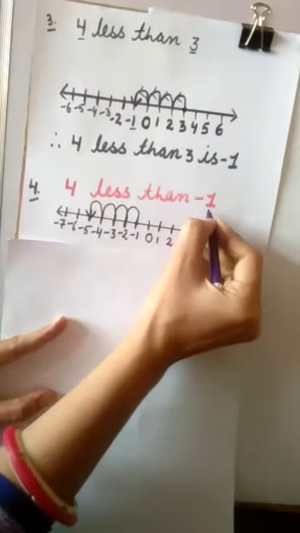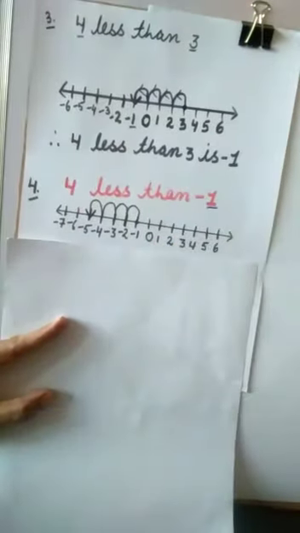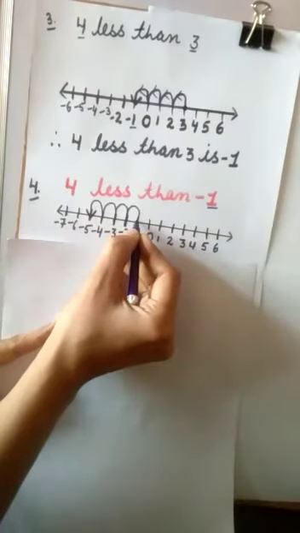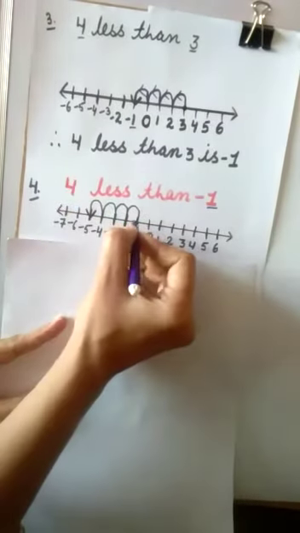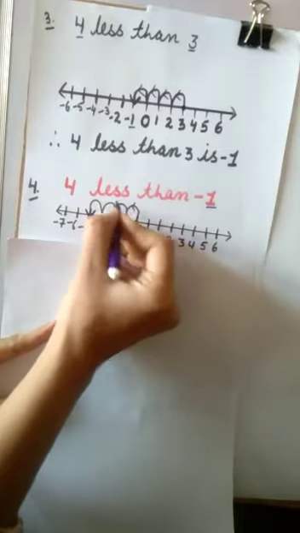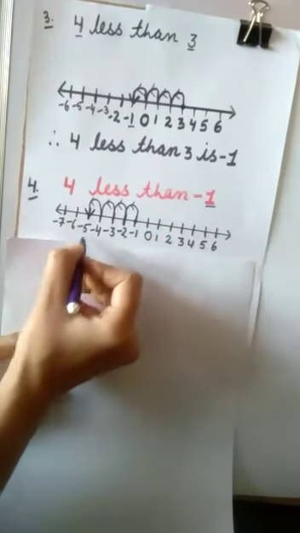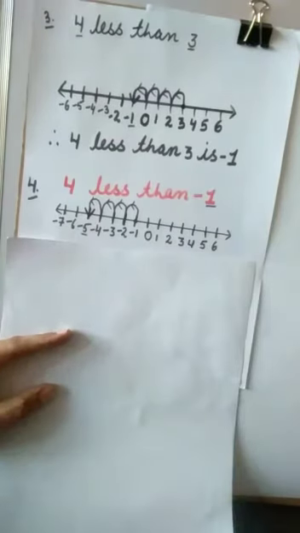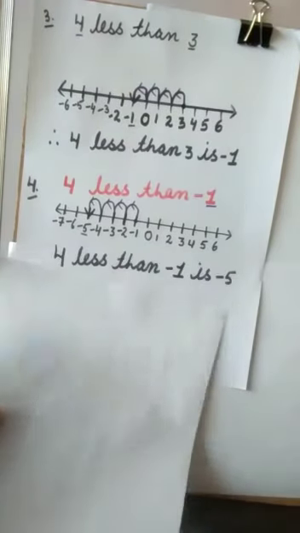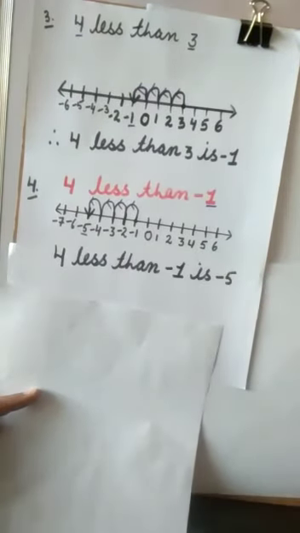Now we'll start our journey from minus 1. How much less? 4 less. So 1, 2, 3 and 4. So I reach minus 5. So 4 less than minus 1 is minus 5.